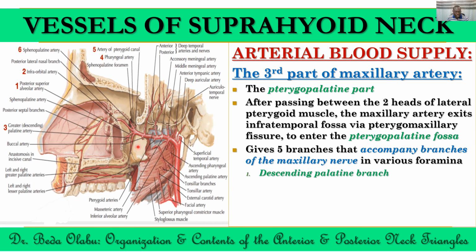So this is pterygoid plate. This is maxilla. So this is pterygomaxillary fissure. This descending palatine branch descends and gives you the greater palatine artery as well as the lesser palatine artery. So the greater palatine artery will pass through the greater palatine foramen. The lesser palatine artery will pass through the lesser palatine foramen.